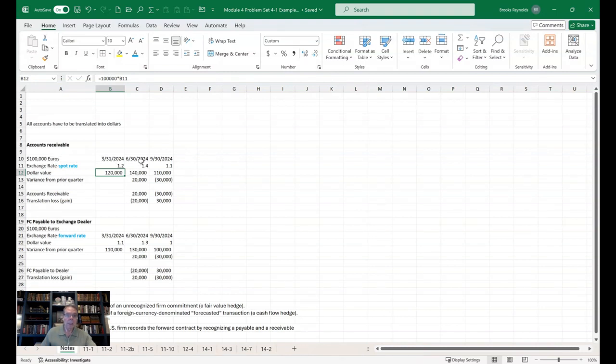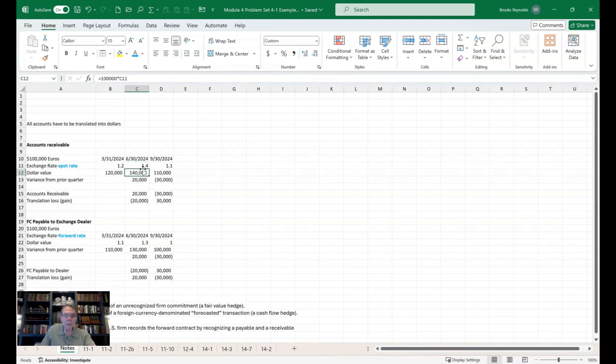All right. Now, June 30th, again, you are getting euros, but you have to determine what the dollar value is because, again, U.S. financial statements have to be in dollars. It would be too complicated to have some in euros, some in dollars, because then you wouldn't really have a clean understanding of how much it really is. You have to adjust this for what the current value is. So now the spot rate has gone up, okay?